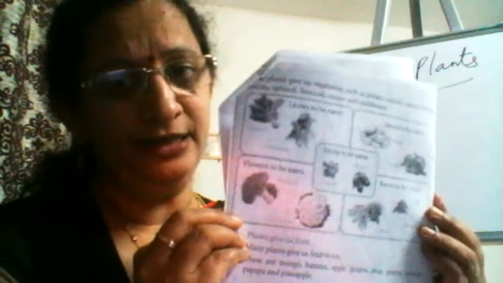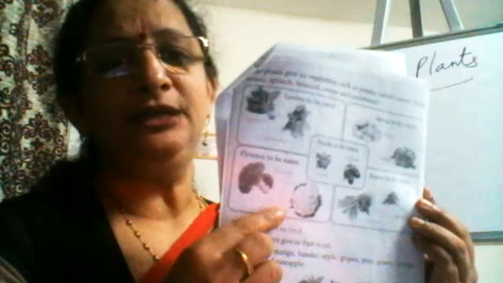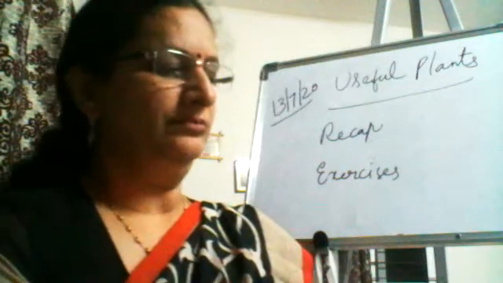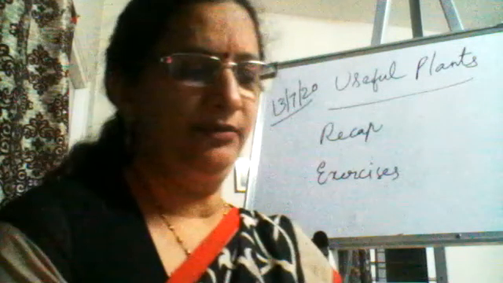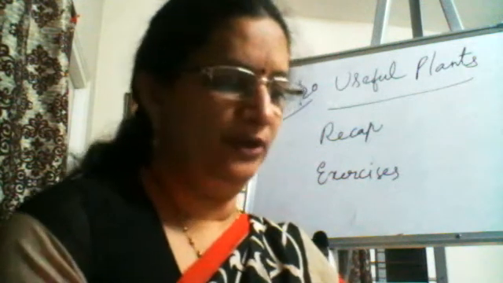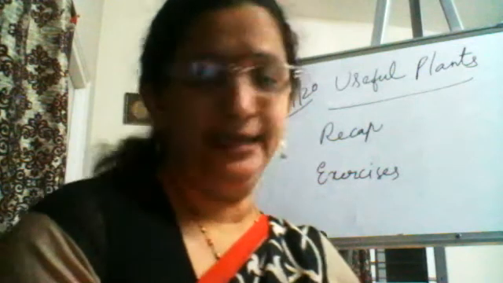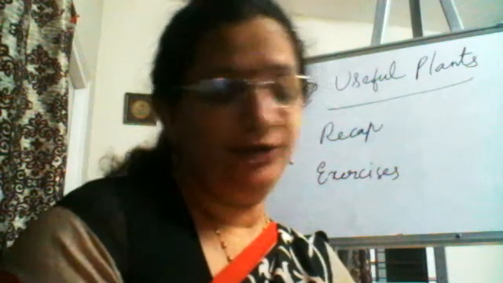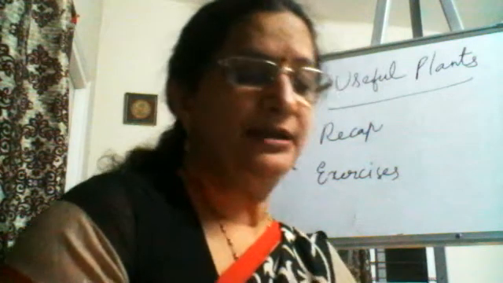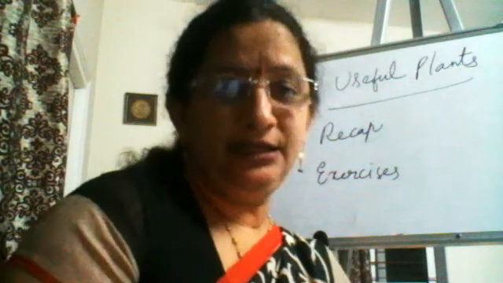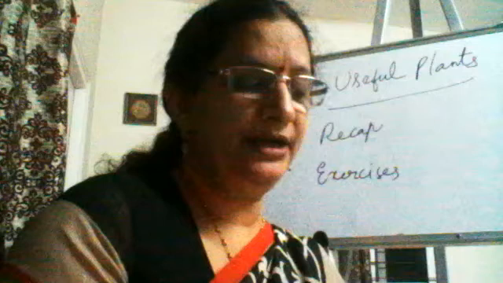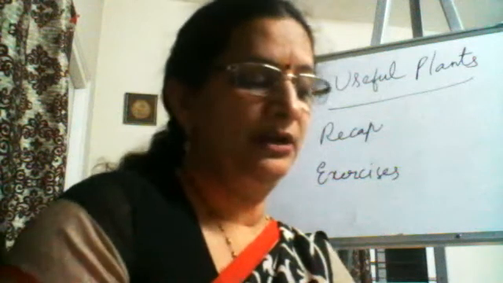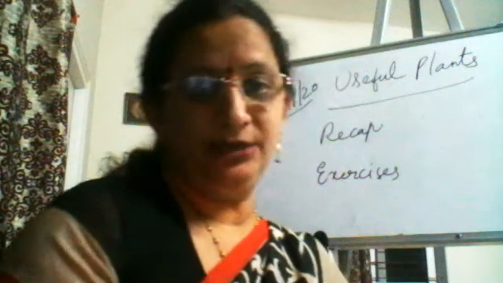These are all the different plants like spinach, coriander, we eat the leaves, broccoli and cauliflower, we eat the flowers, potato and onion, we eat the stems, carrot and radish, we eat the roots, and tomato and brinjal, we eat the fruits.